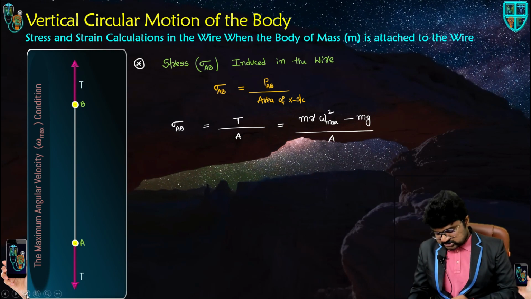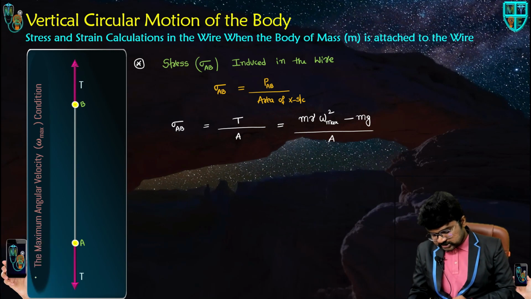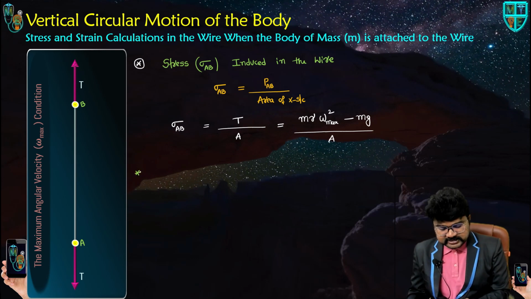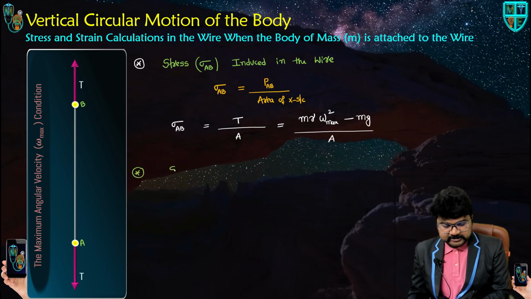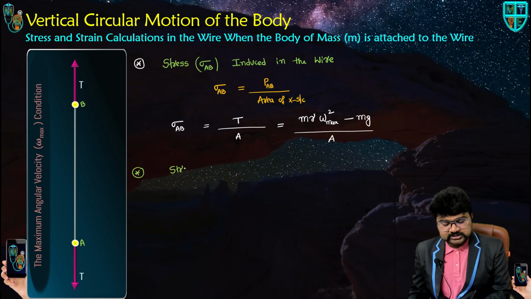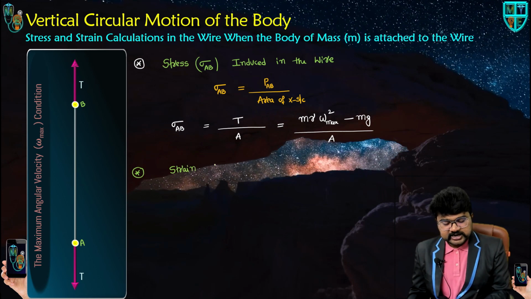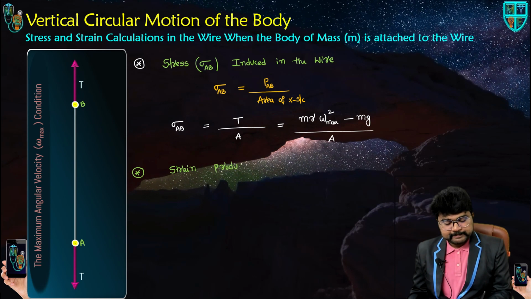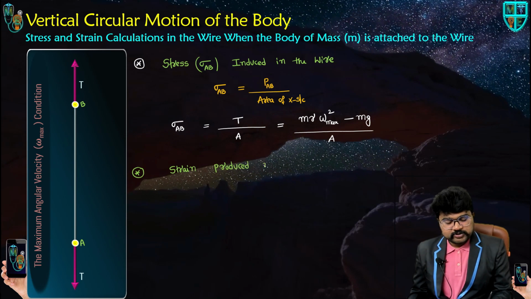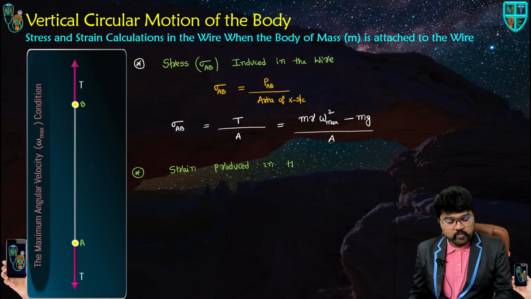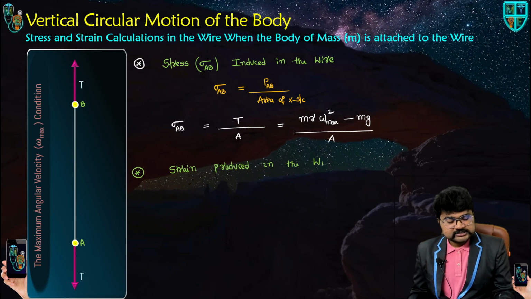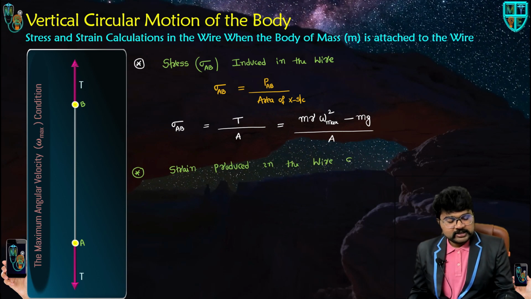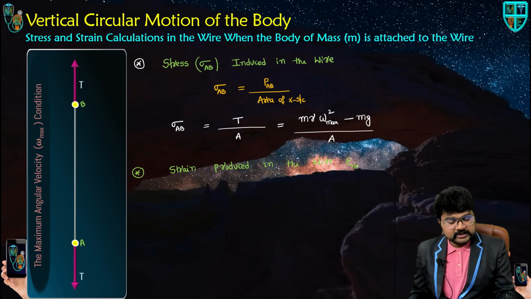Now coming to strain produced in the wire. Strain produced in the wire is nothing but epsilon AB.